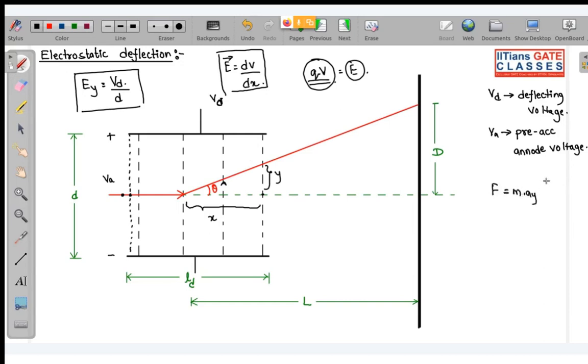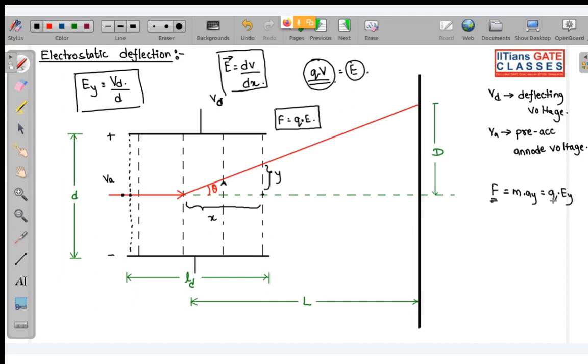But we also know that this force is actually caused by the electric field only. Why? Because we know F is equal to Q dot E. Do we know this or not? Force experienced by a charged particle in an electric field is given by this equation.